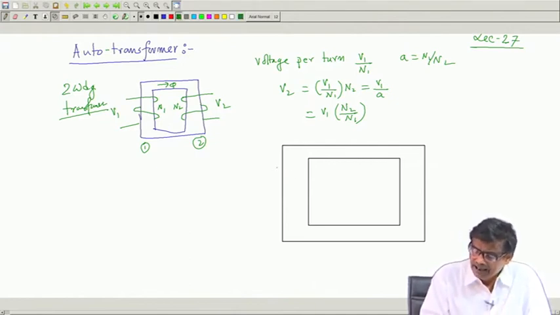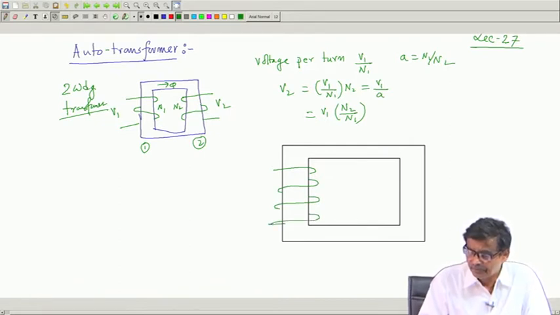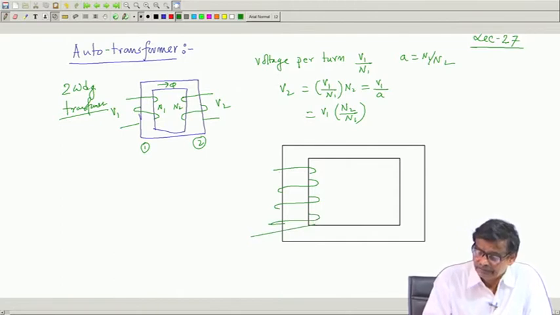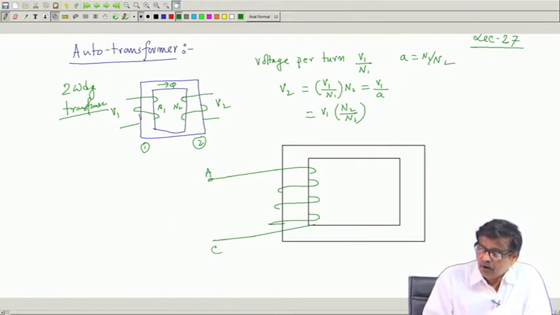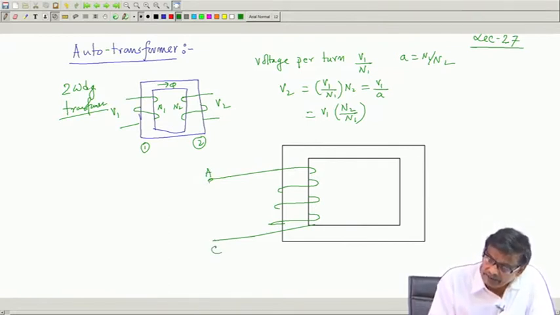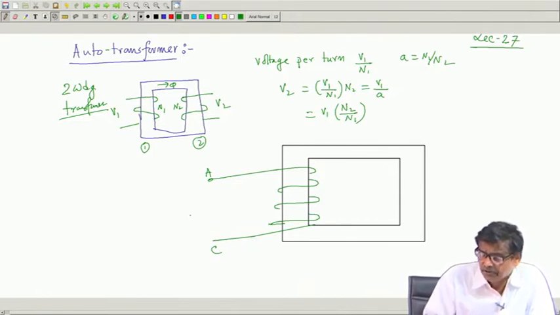I am showing it to be wound on one limb, but it may be distributed over the whole core length. So, suppose a number of turns are wound. These are the two terminals, A and say C, where I will apply, first get the idea how it works.